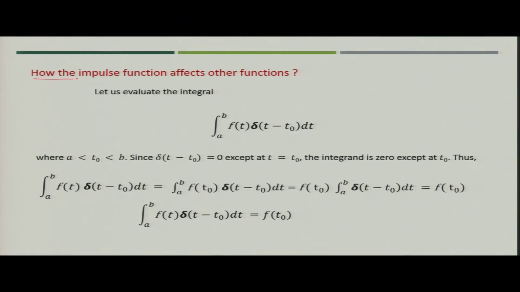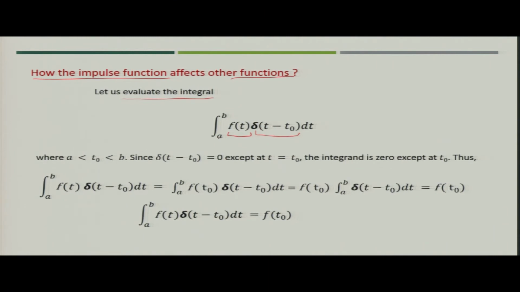Now, how does this impulse function affect other functions? Let us see what happens when you combine the impulse function with any other function. Say we have one function f t, and we are associating a Dirac delta function with it.